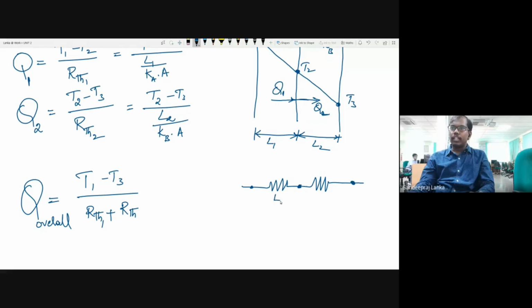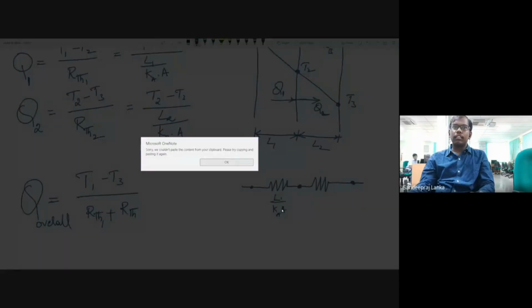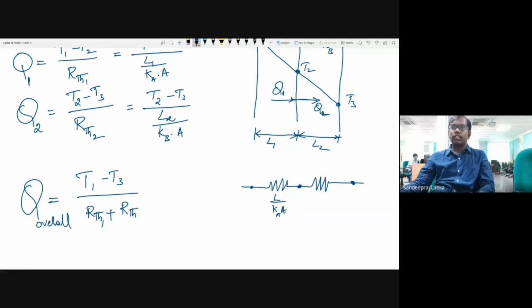Here you will have L by Ka, this is L1 by Ka, I'll write it RTH1 for simplicity, and this RTH2. What I have here is T1, T2, T3.